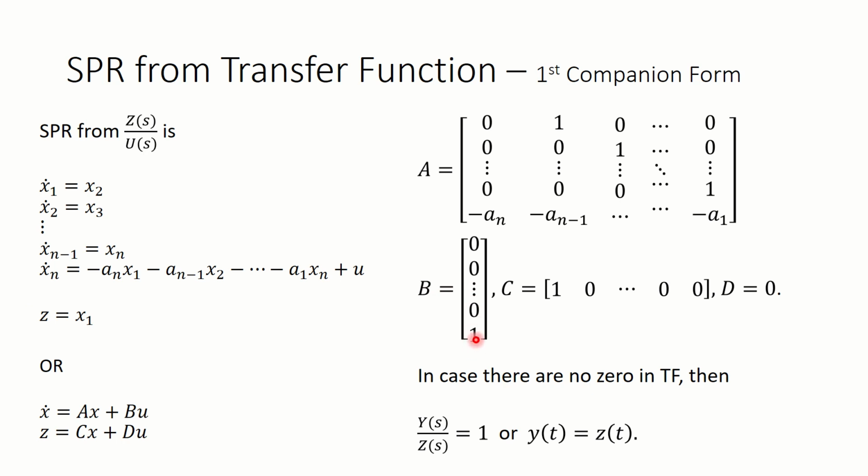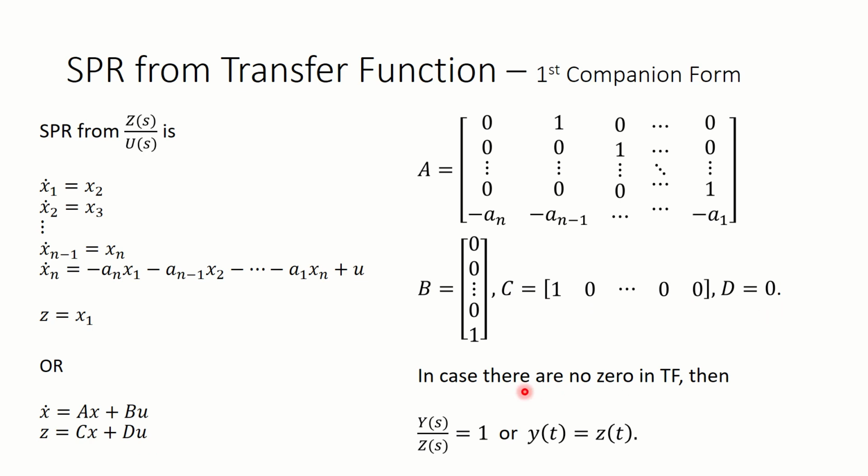What is C? Z equals Cx plus Du, z being the output here, and z is basically x1. So what would C be? C will be 1 0 0 0 0 and D will be 0.